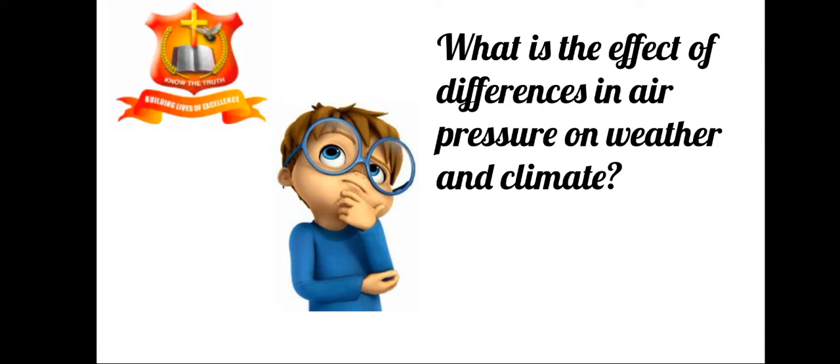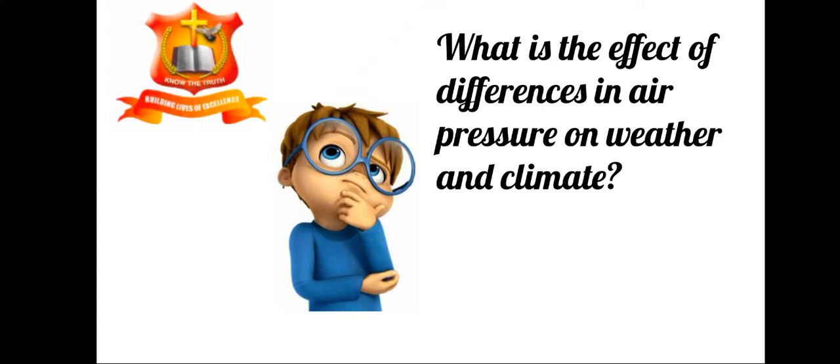Next question is, what is the effect of differences in air pressure on weather and climate? So your answer might match my answer. The answer is, with the differences in air pressure, horizontal movement of wind will start from high pressure to low pressure areas.